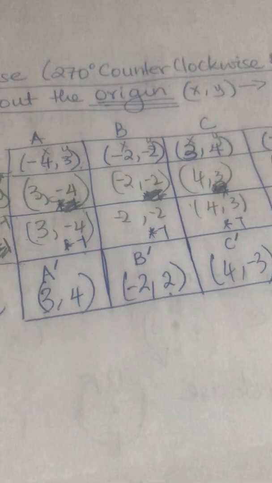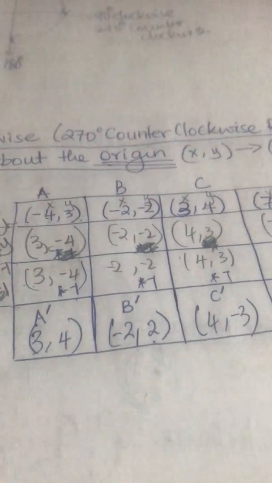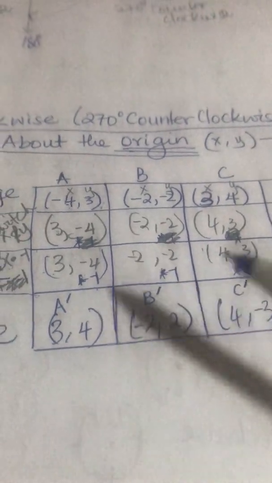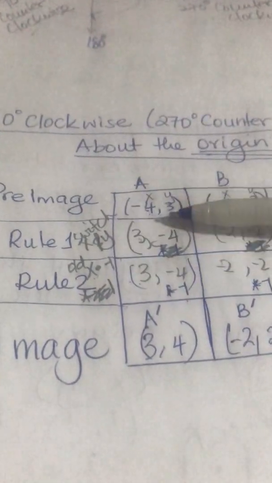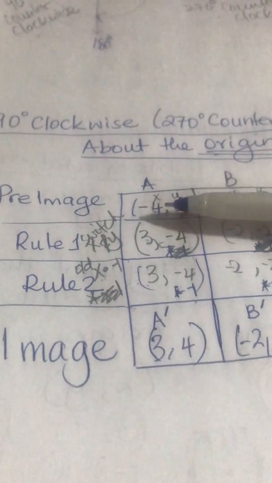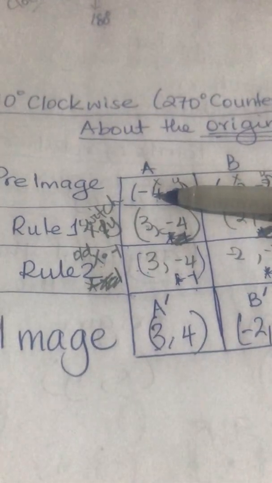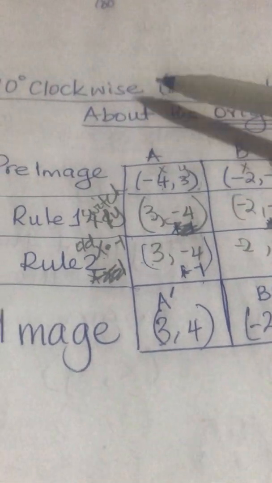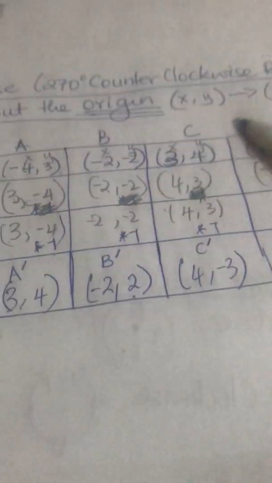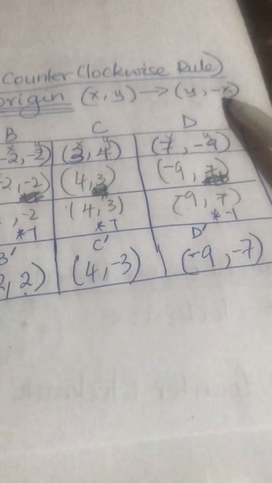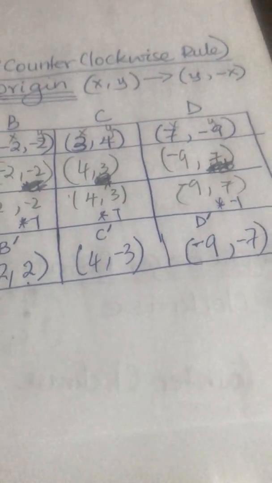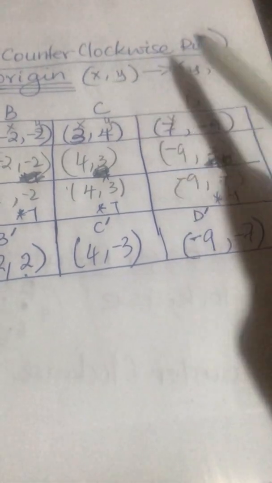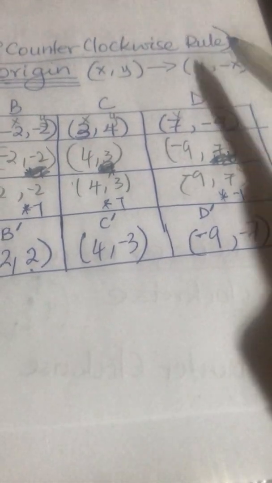Okay? Tomorrow we will practice to plot on the graph so that you know how to see the angle. Today I just want you to know the rule. So, again, you can multiply the x first and then switch, or switch and then multiply. Remember, 90 clockwise, x is the one changing to the opposite by multiplying this x with -1 and then switching.